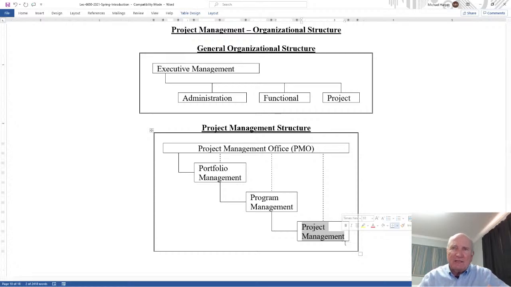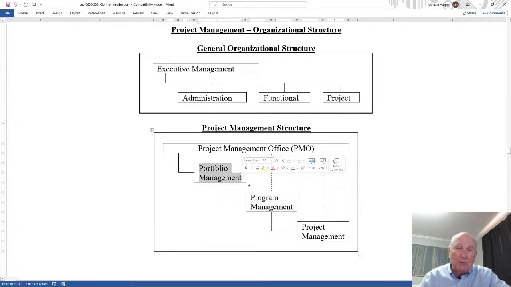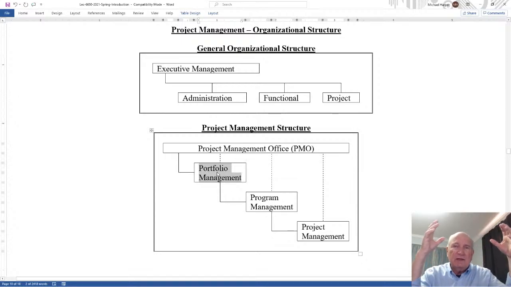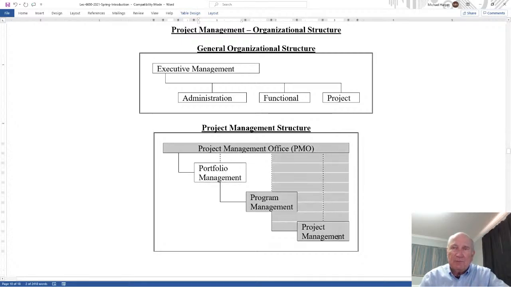But a number of projects can be part of a program, where the program could be a larger type of deliverable. Like a Boeing 747, and you'll have a number of projects that are part of that program. But different programs within an organization will comprise something called a portfolio. And the portfolio then will have more of a business focus and business value to it, and also business strategy. But all of this will be managed by the Project Management Office, the project, the program, and even the portfolio.